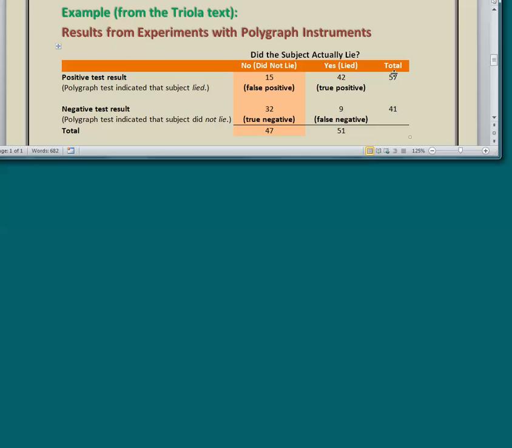And now we can see if we add these totals down, or if we add these totals across, we're going to get the same number, which is 98. There were 98 total subjects in this study of polygraph instruments. The table in your book does not have a total column or a total row.